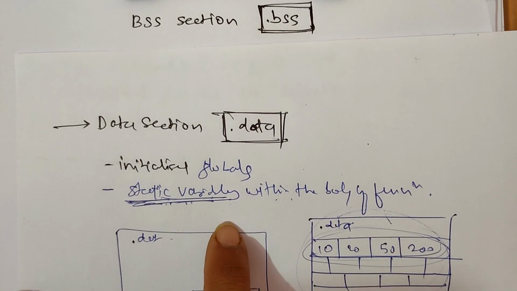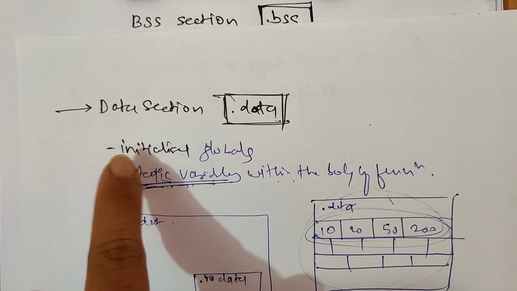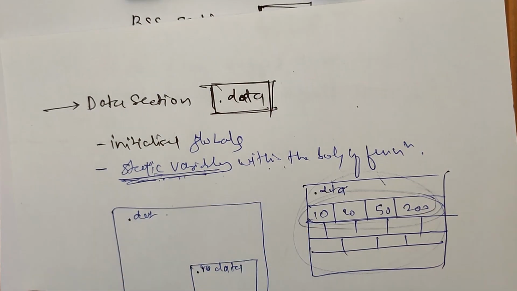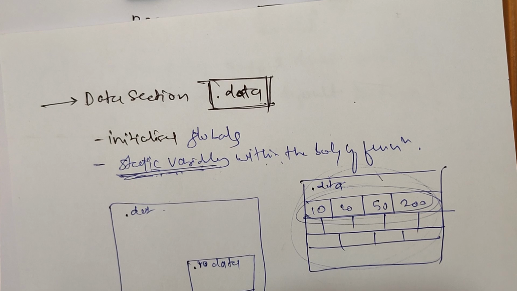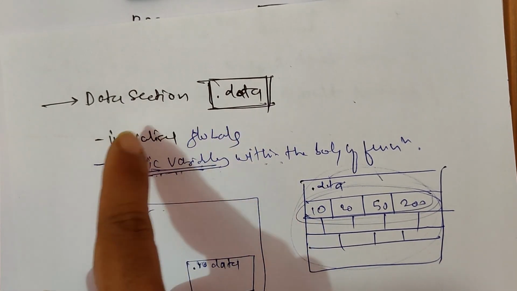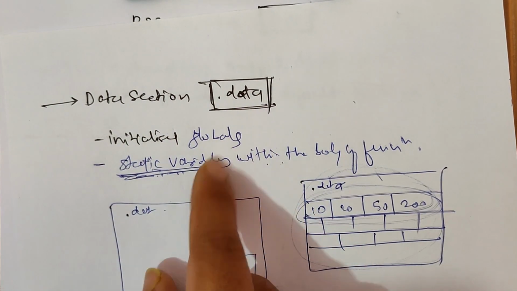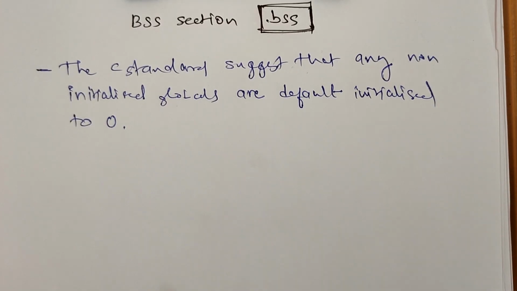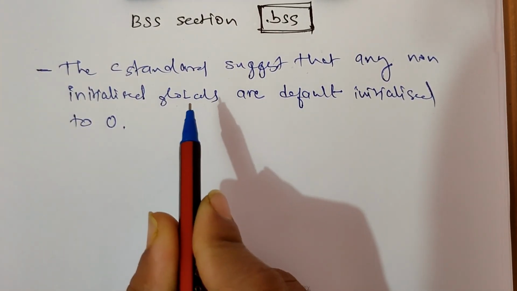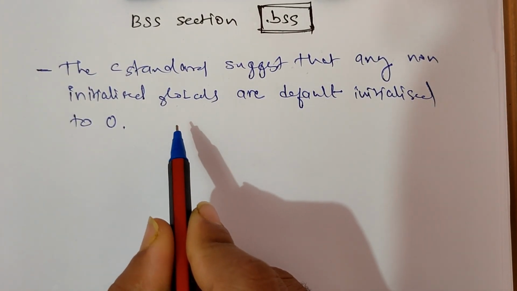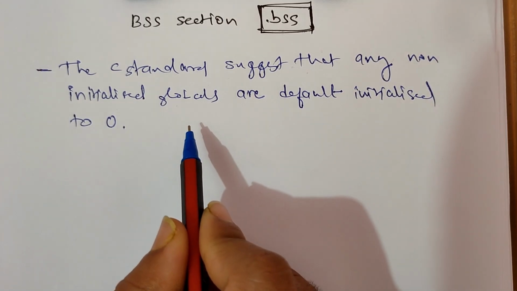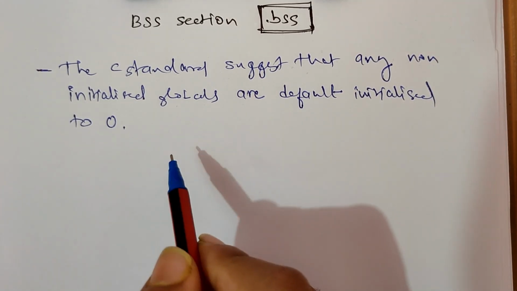So as per the data section definition, they should be placed in ROM. So why is this not put in the data section itself, as it is marked as 0 by this statement?